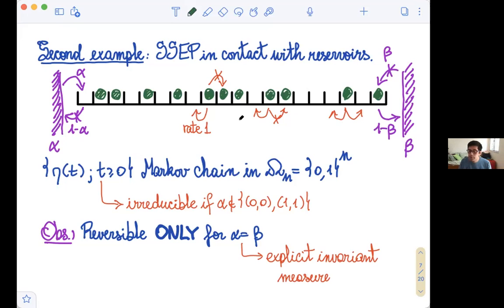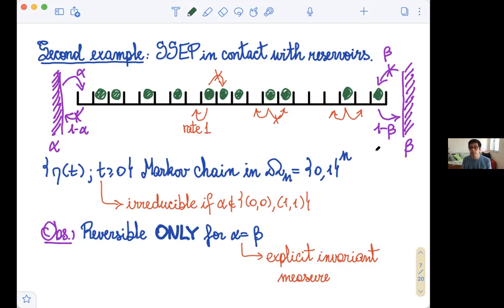They are continuous in time, so each particle waits an exponential time of rate 2. Then it chooses left or right and tries to jump there. If the destination site is empty, the jump is accomplished, as happens here.